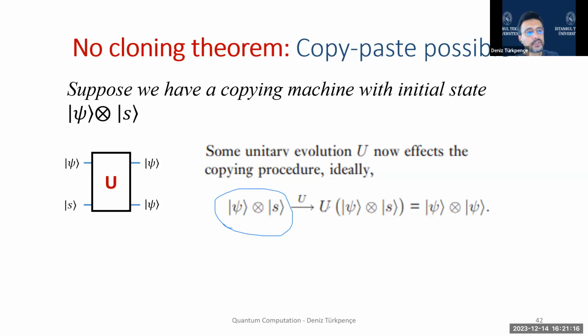And after this implementation, I obtain this final state. So I have psi, the first qubit has been copied or has been overwritten on this second qubit. So is that unitary operation possible or not? So we'll just try to understand this by using the inner product property of tensor product.